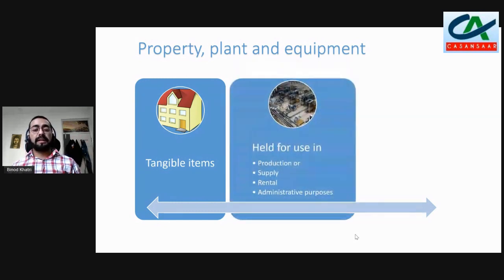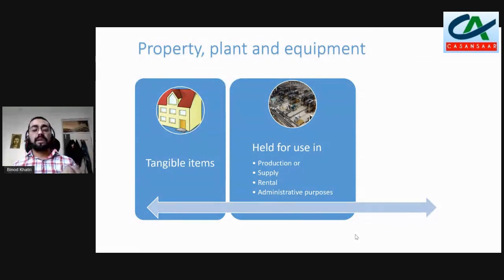Then it should be held for use in production or supply, rental, or administration. Tangible items held for use in production, for example, any machinery or plant can be used for the production of different goods. Then supply: if you take an example of supply, a vehicle is used for the supply of goods.